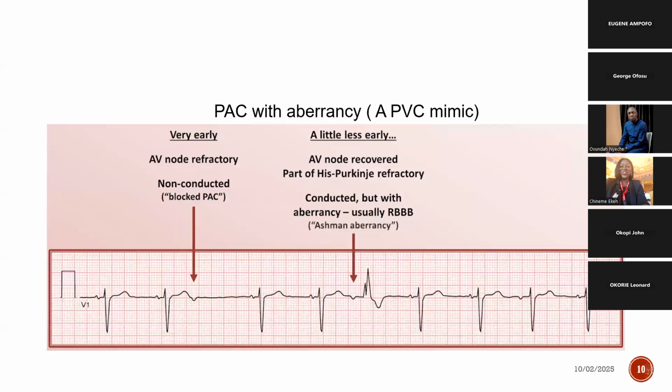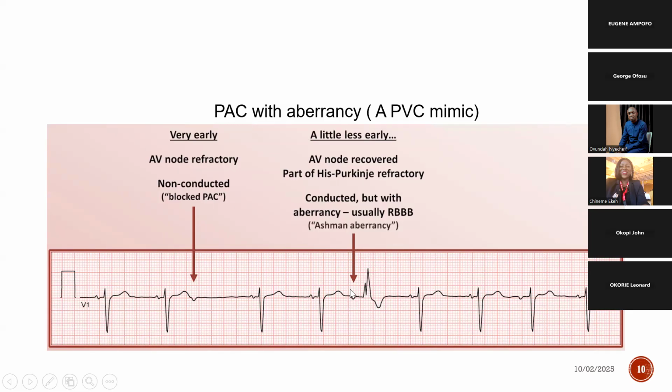On this ECG tracing, if we look at the first arrow, what we see is a premature atrial complex, that is this one, which is followed by no QRS complex.